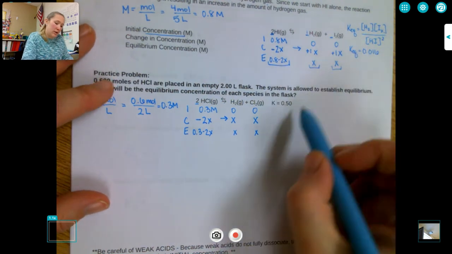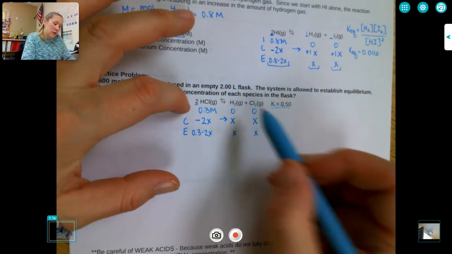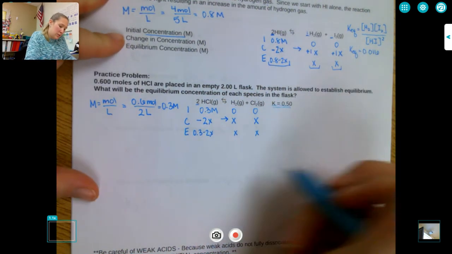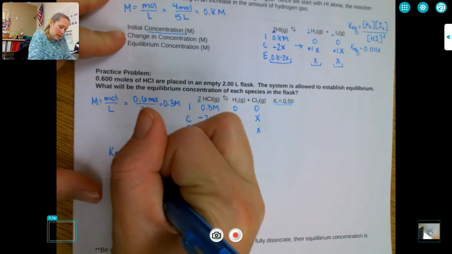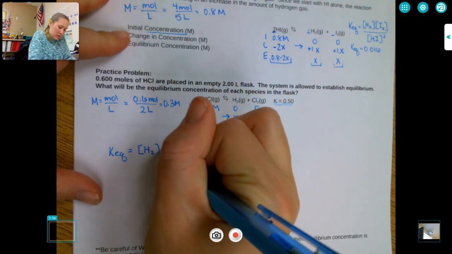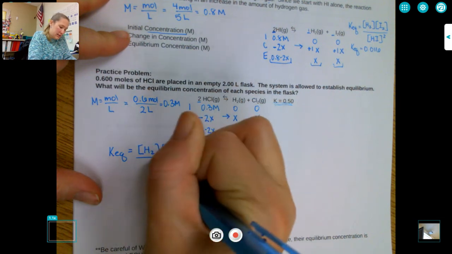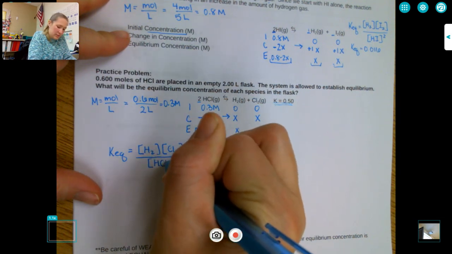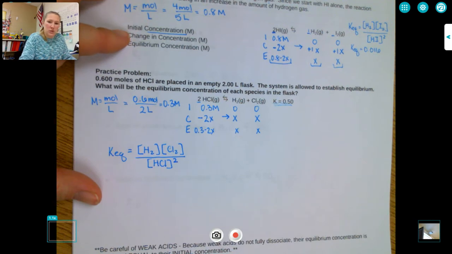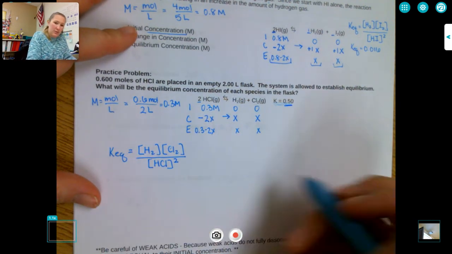Just like before, if we know K, we can also calculate our Keq expression since we know our reaction. So for this reaction, Keq is equal to my products, H2, Cl2, over their reactants, HCl, raised to their coefficient, which is the 2. Keq, we know, is equal to 0.5.